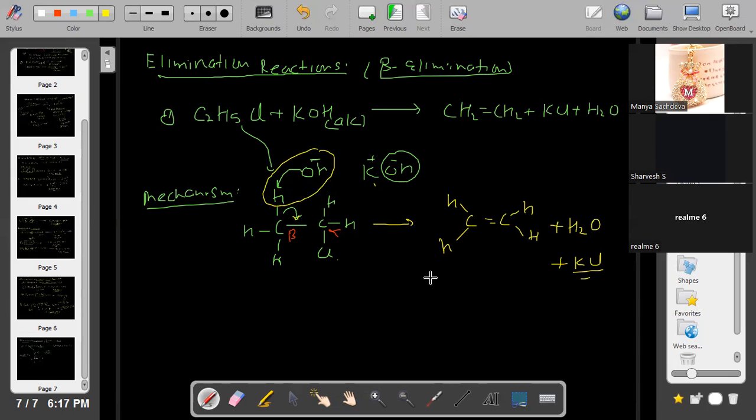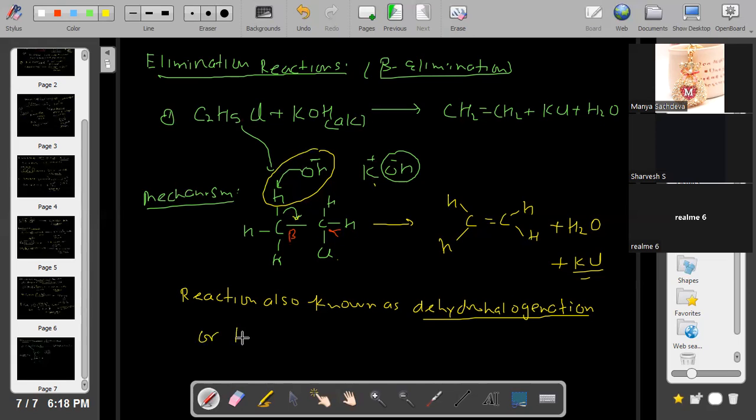Okay, you should come to know. The reaction is also known as dehydrohalogenation, because one hydrogen and one halogen move out. Or one-two elimination, because one carbon atom, two carbon atom.